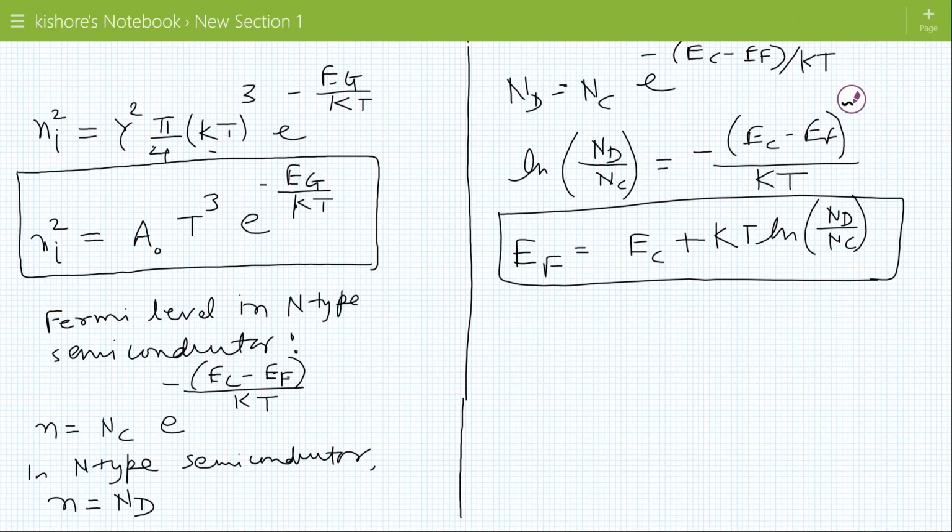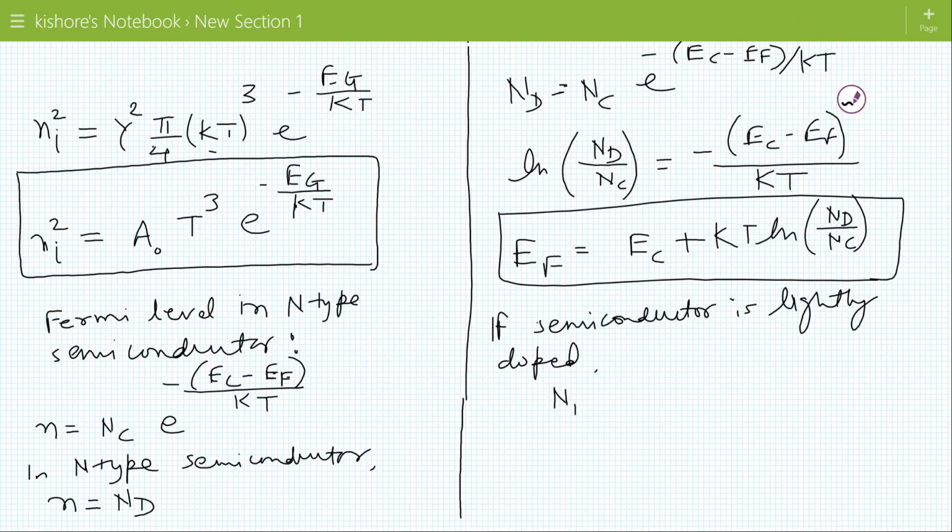Now, if the semiconductor is lightly doped, in that case Nd is less than Nc, or Nd by Nc is less than 1.